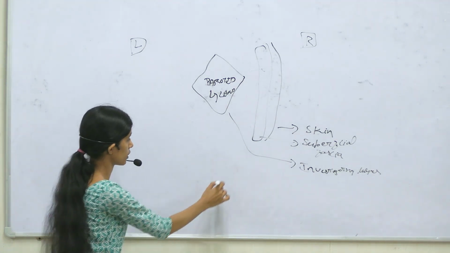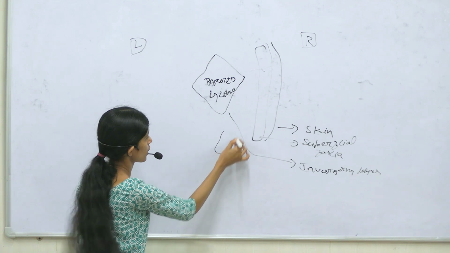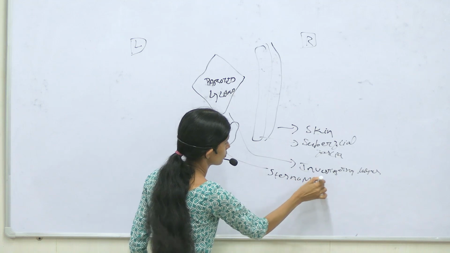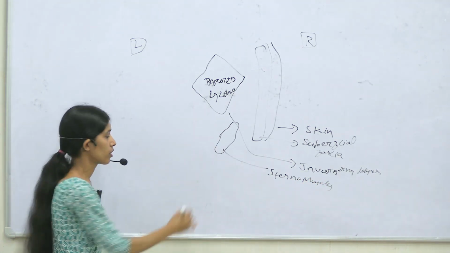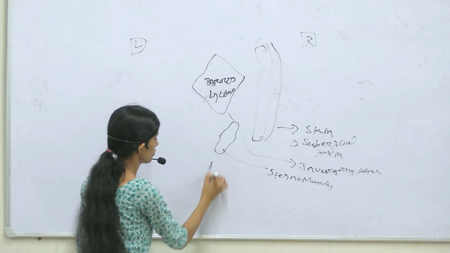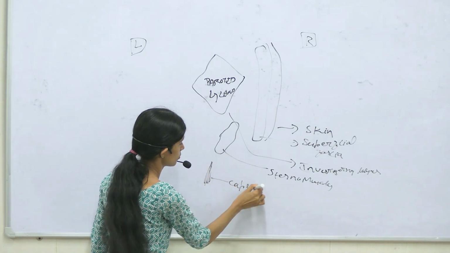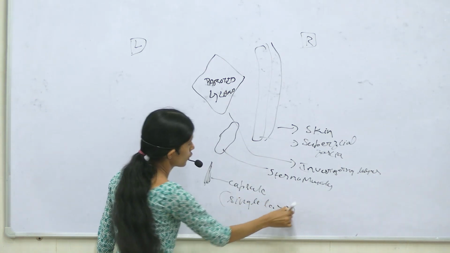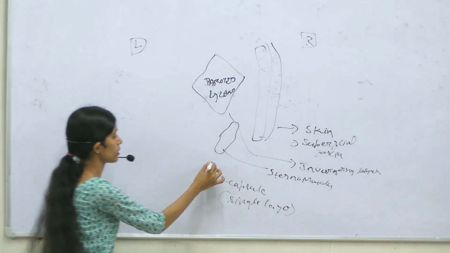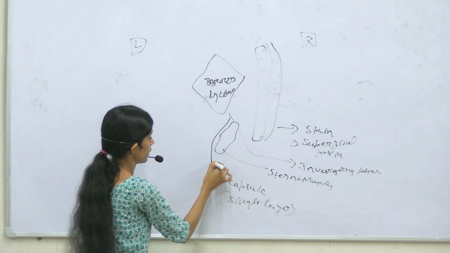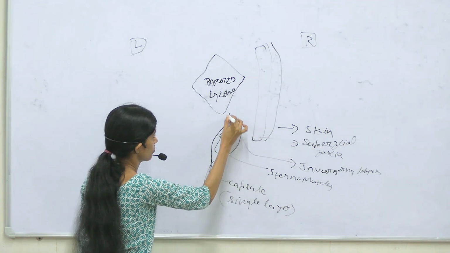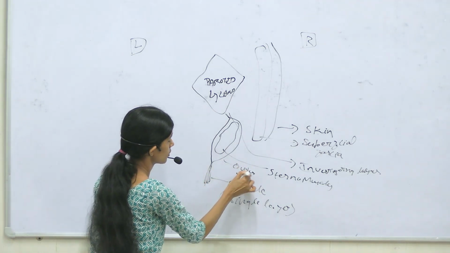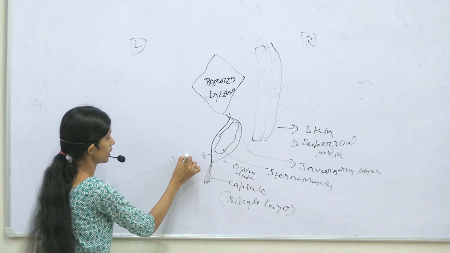Now I'll start from this region in the posterior part. Imagine we have a sternocleidomastoid muscle here. This is your capsule, which is a single layer. To cover your sternocleidomastoid muscle, it divides into two layers, one is the outer layer and the other one is the inner layer.